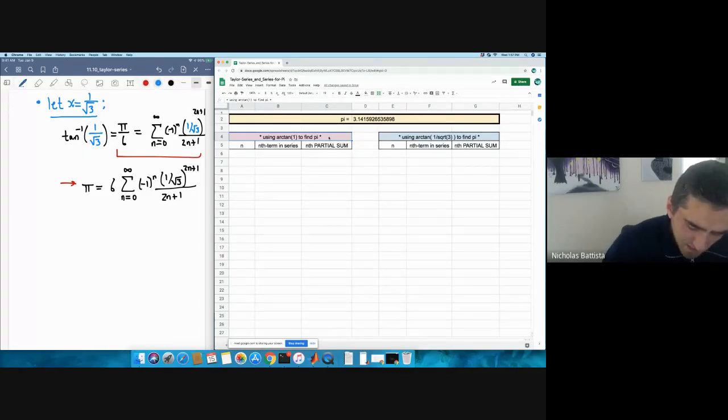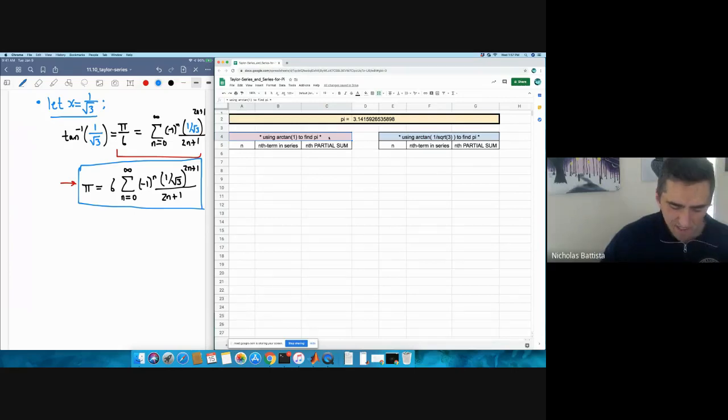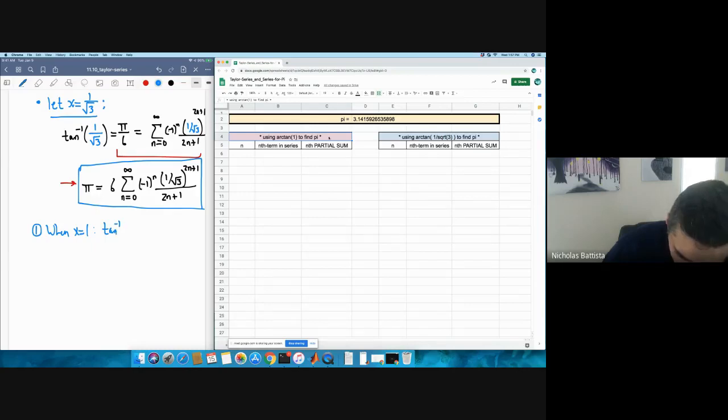And this is going to be the second series that represents the value of pi, and we're going to investigate both of these just using Google Sheets. So let's check it out. So the first case, when x equals 1, and we got our pi relationship of arctangent of 1.